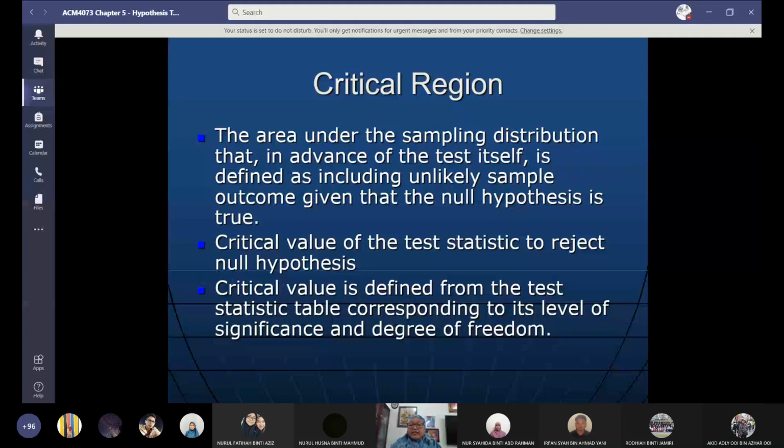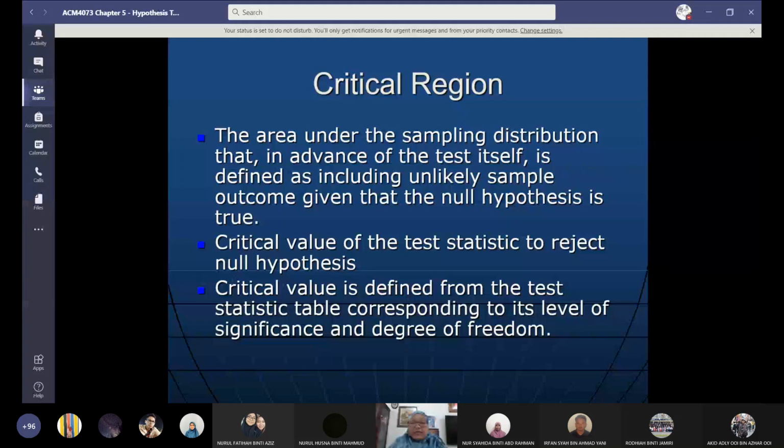The value is defined from the test statistic table. Critical value is defined from the test statistic table corresponding to its level of significance and degree of freedom. DF, degree of freedom, the symbol is DF.